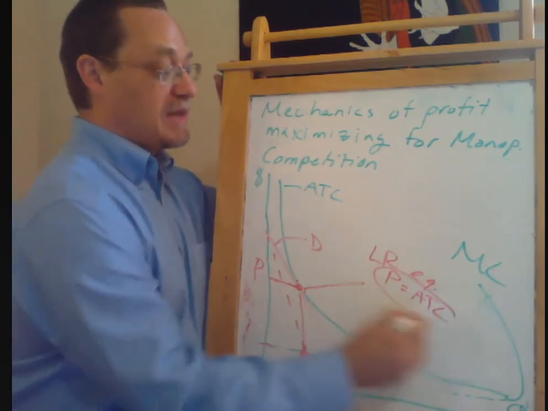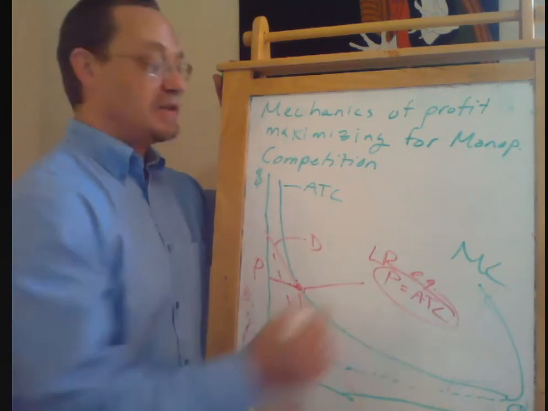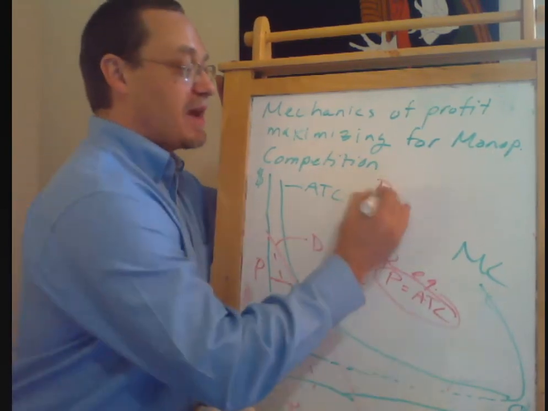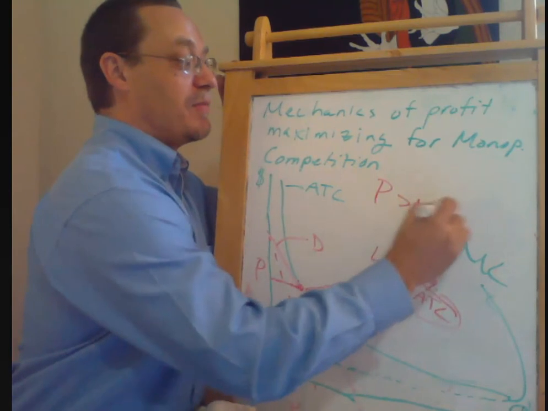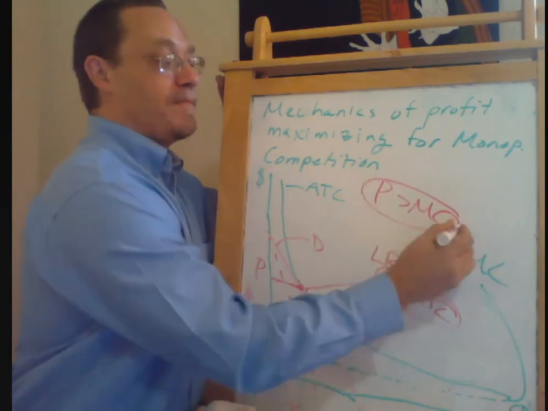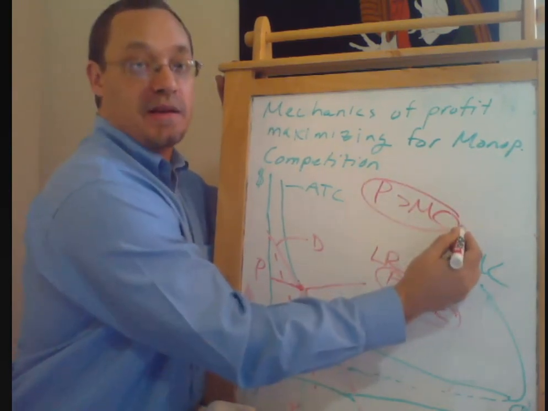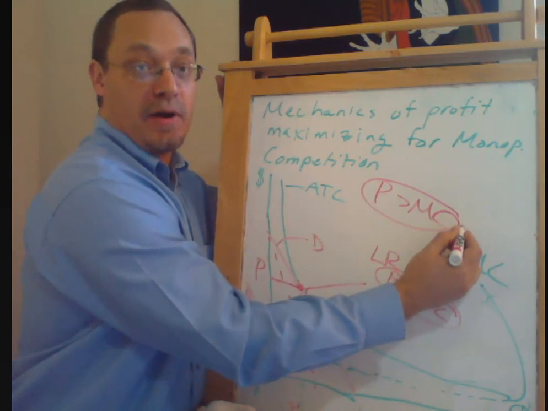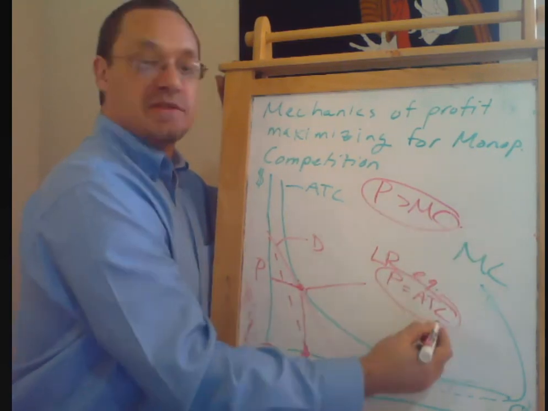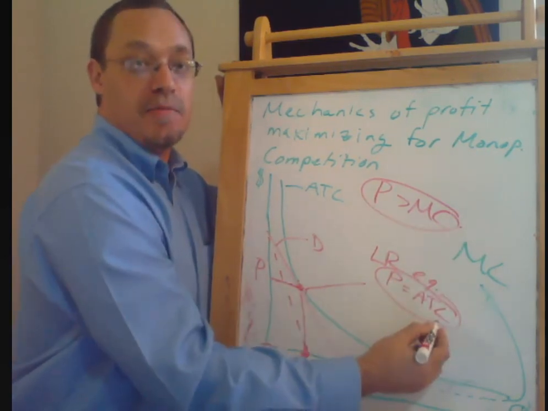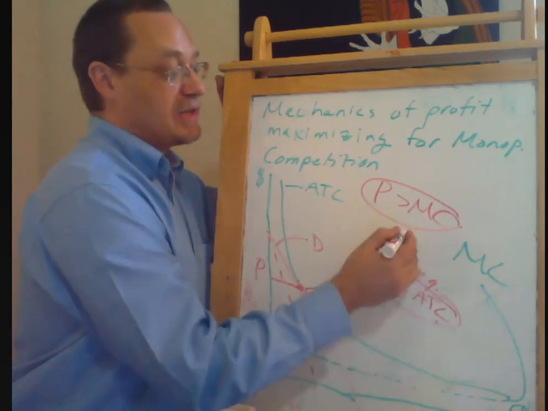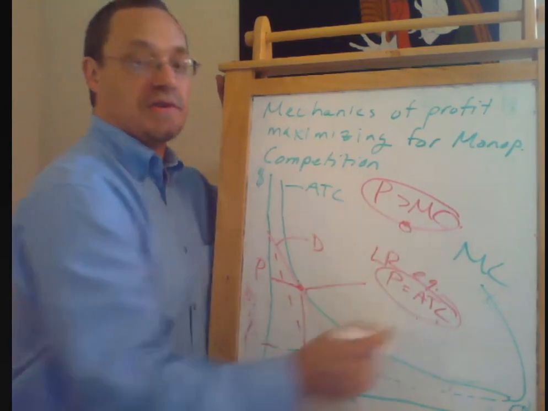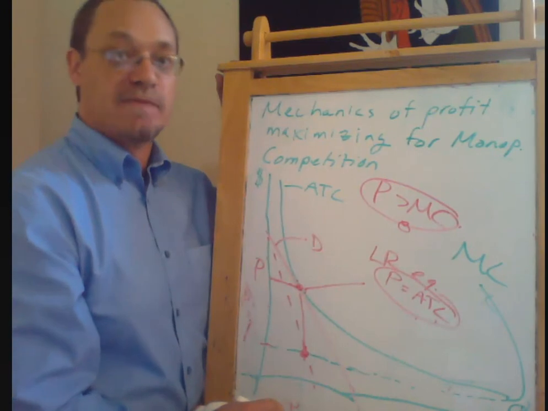We get price equals average total cost, and price is greater than marginal cost. So again, this reflects firms making a high markup on their cost of goods. This means that firms are not making huge economic profits. Essentially this big markup covers their fixed costs, the cost of the rent and all that kind of stuff.